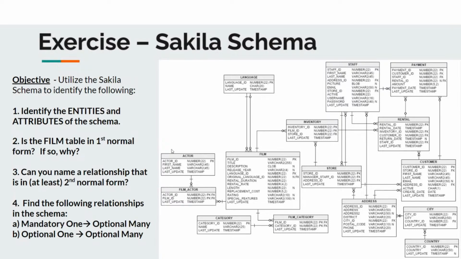Because in theory, you could connect all these together and have a film and an actor table in one with all this information. But you've decomposed it down into film and actor from film actor using this cross-reference table. So that way it breaks it down. It makes it more efficient to update without any errors.